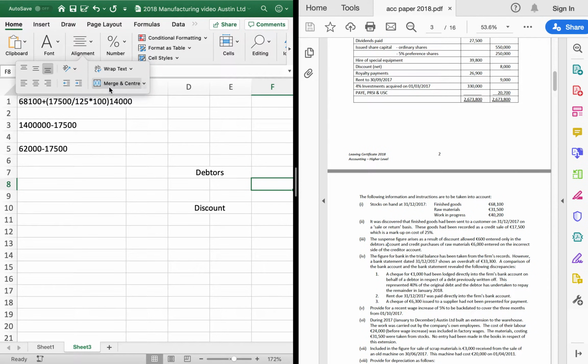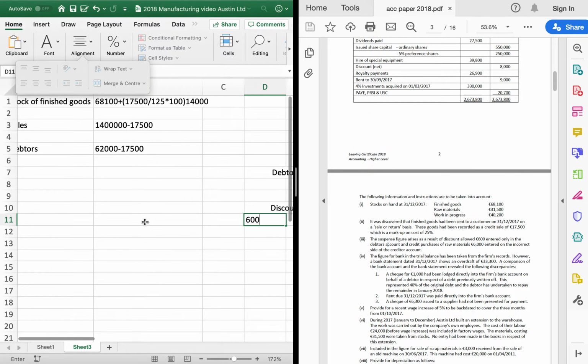It's a discount of 600, and it should go in here, and they've left that out. So we have to do what they should have done, which is put the 600 on the debit of discount. So discount, we're going to debit 600 to it.